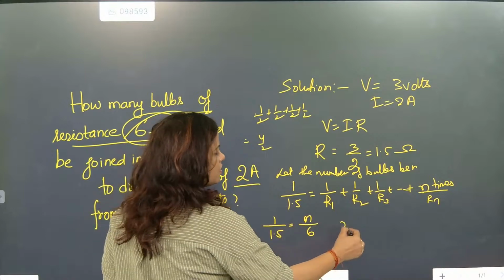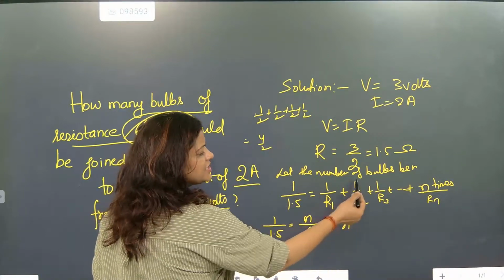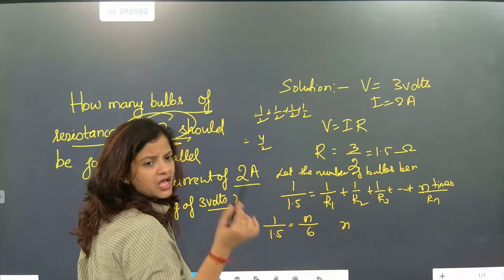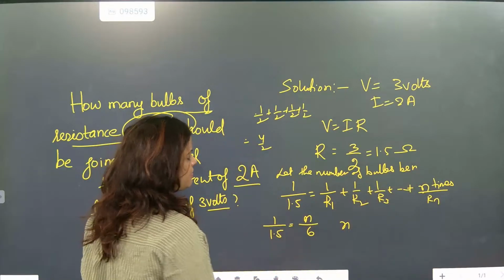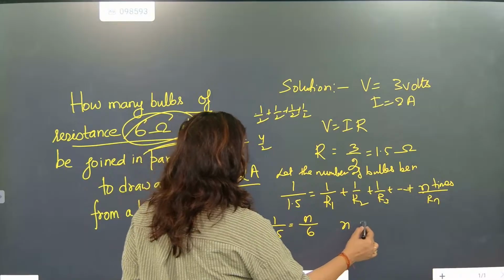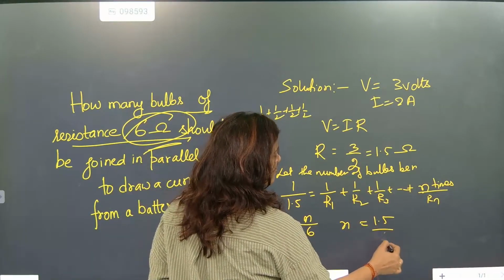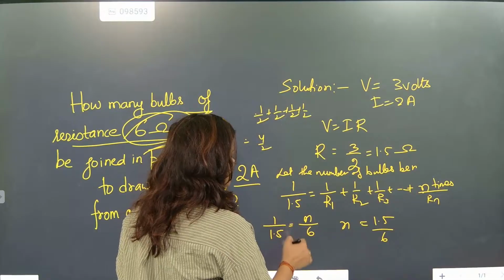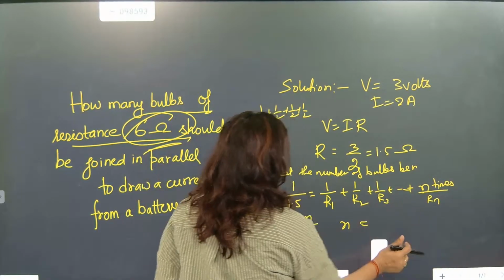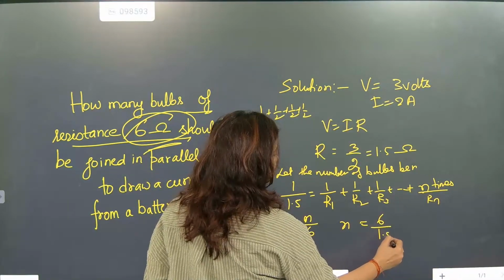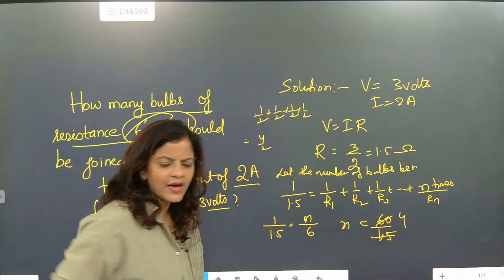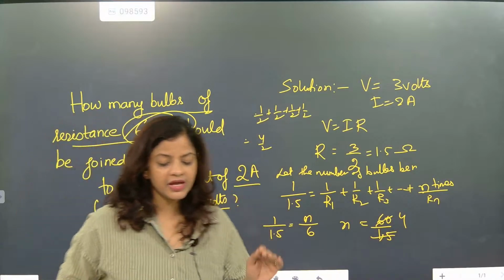So definitely n by 6 will be equal to 1 by 1.5, so n will be 6 by 1.5, which is 4. So absolutely correct answer. It is coming as 4.